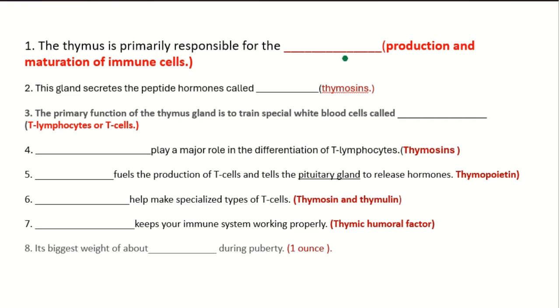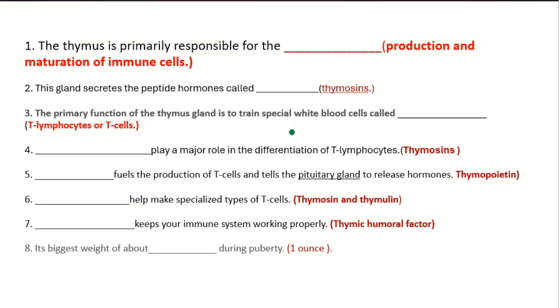Very good, most of you have answered. Then second question: this gland, the thymus, secretes the peptide hormones called dash. Give the answer. It is option C, thymosins. Very good.